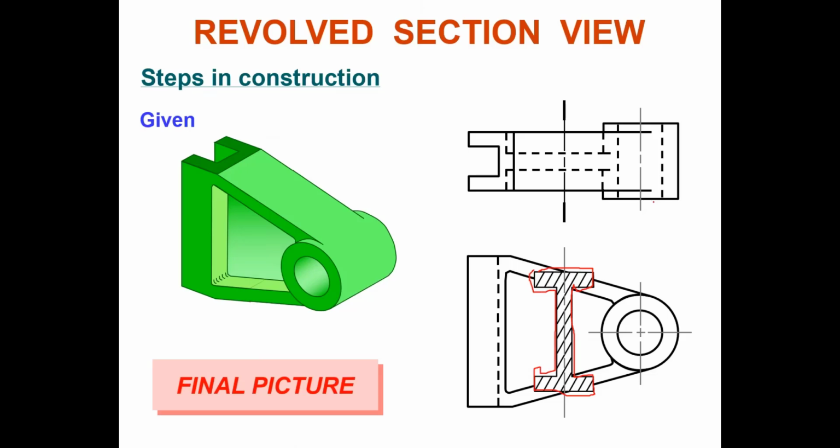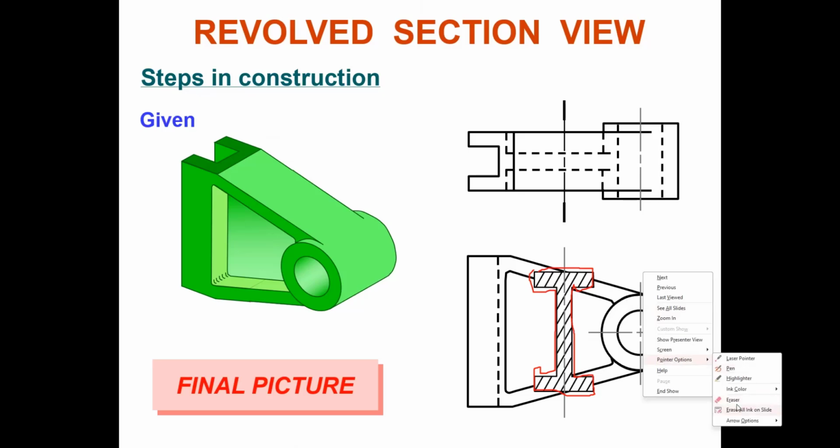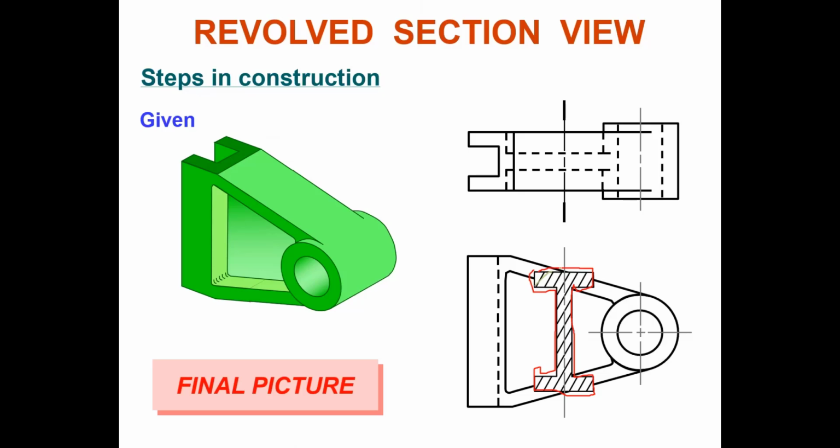Clear. Only the section line apa? Okay, section line apa? Oh, section line yang green color ni. Pakai apa? 4H. Ya, 4H.